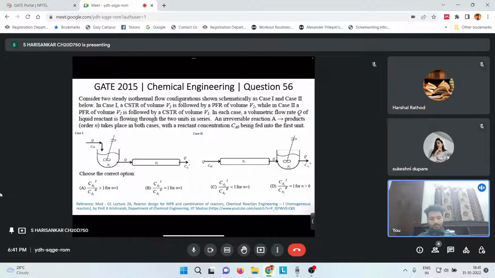So this is a question on combination of reactors from chemical reaction engineering, and the reference NPTEL series can be found in module 1, lecture 26, reaction design for mixed flow reactors and combination of reactors, Chemical Reaction Engineering 1, homogeneous reactors by Professor K. Krishnaiah, Department of Chemical Engineering, IIT Madras.